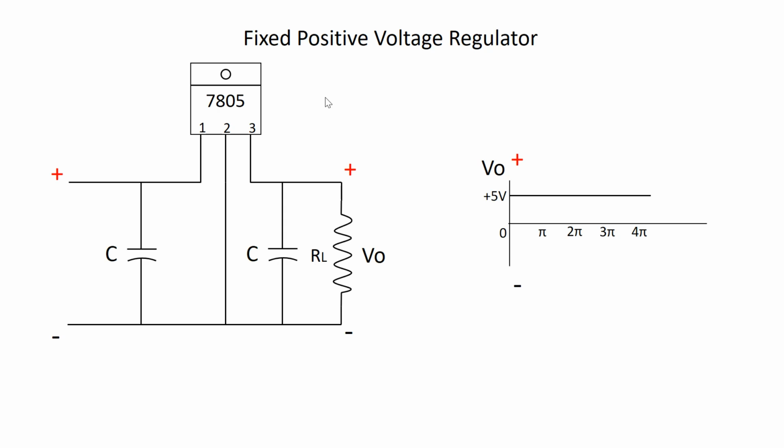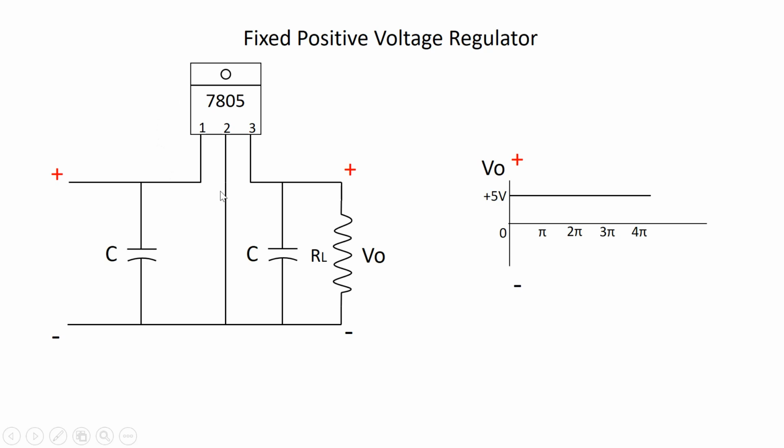These 78 series ICs are 3-terminal IC voltage regulators, wherein pin number 1 is the positive input voltage terminal and pin number 2 is the standard reference ground terminal, which has to be supplied with the reference negative voltage in the circuit, and terminal 3 is the positive constant voltage output terminal, which will be supplying the load here.